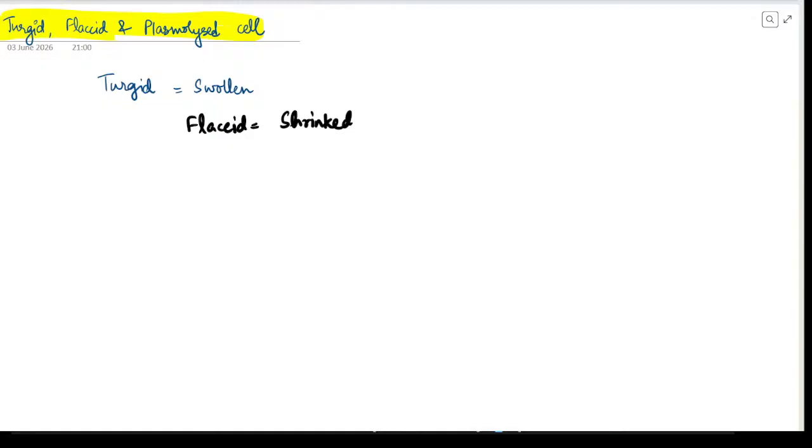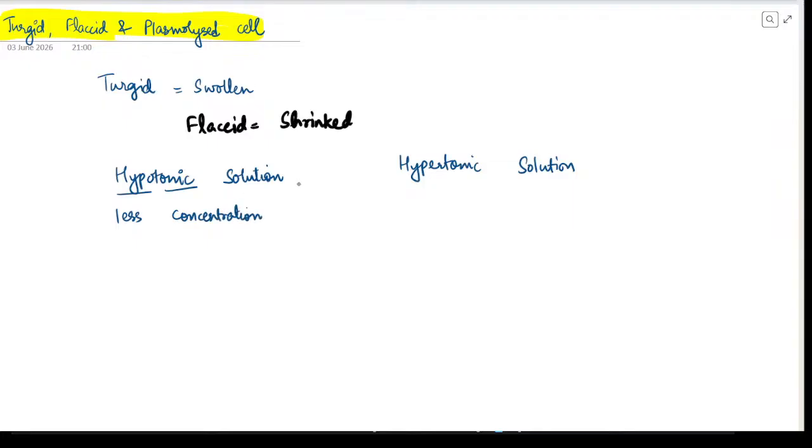This will become clearer to you as I explain how a cell becomes turgid and what pressure is developed in a cell. So let's begin with the description of first the hypotonic solution and the hypertonic solution. Whenever we define a solution as hypotonic, that means its concentration is less. A solution, as you know, is made up of two components, solute and solvent.